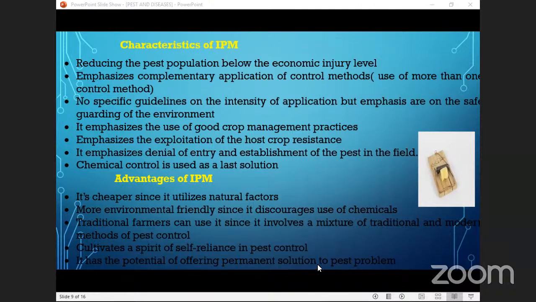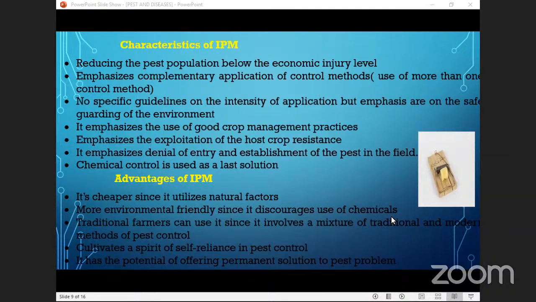And then the other says, it cultivates a spirit of self-reliance in pest control. You use what is available. You think about how we can use what is available in the community in order to control a certain pest.